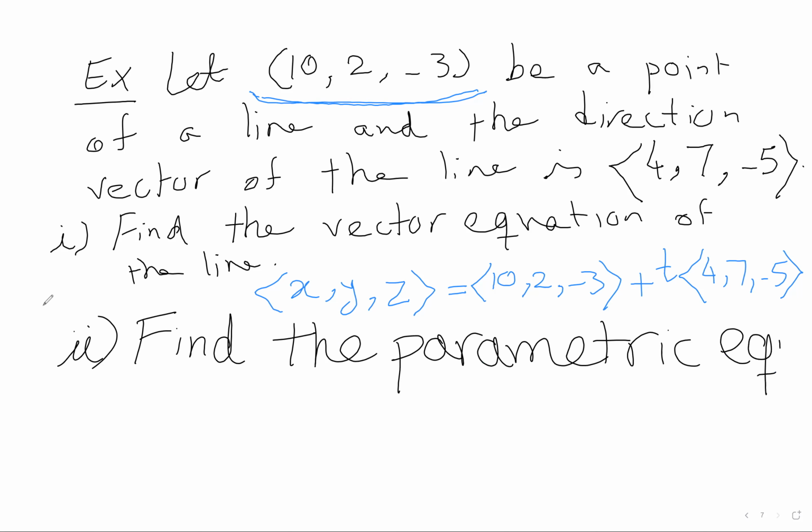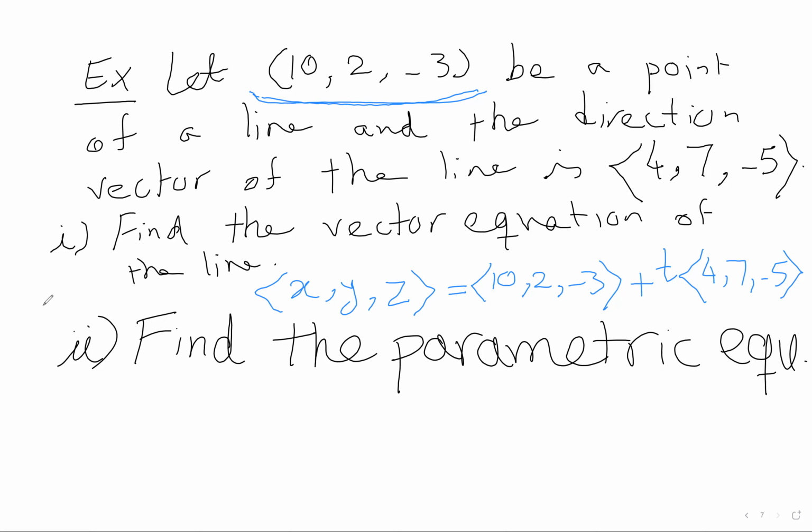I would suggest that you pause the video and try to do it on your own. And then you can watch the solution.